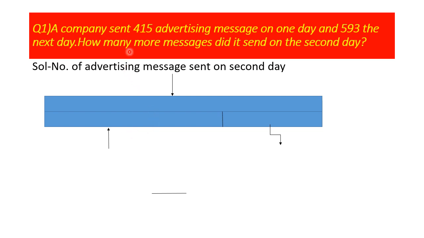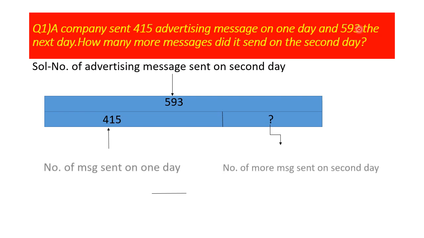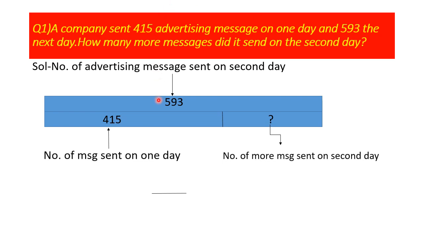So here we already have the information that the number of advertising messages the company sent on the second day was more. So that is why I have kept this in one bar, which was the first bar which I have made, because already the number is more, right? And then what we need to find out? We need to find out how many more messages the company sent on the second day.